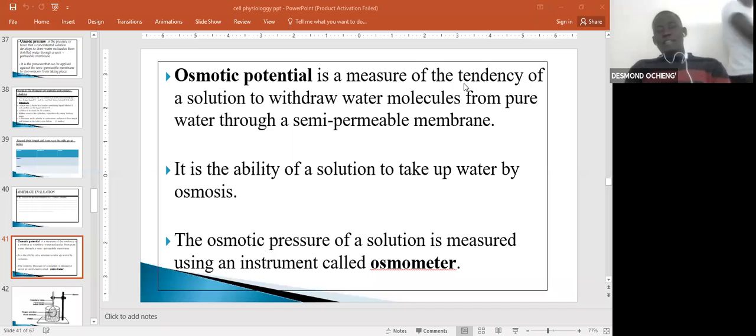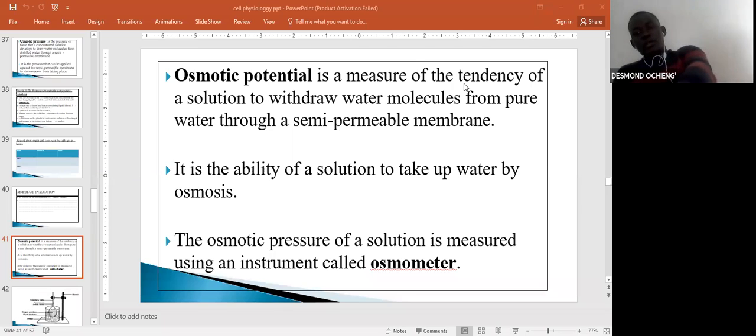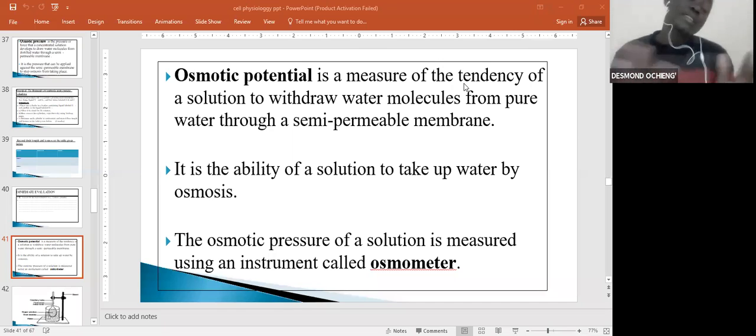But the concept is a very simple thing here. On my screen, you can see we're saying that it is a measure of the tendency of a solution to withdraw water molecules from pure water through a semi-permeable membrane. Now, someone is just about to say, but Peter, is this the same thing as osmotic pressure? No. Let us look at it again. Osmotic potential is the measure of the tendency of a solution.